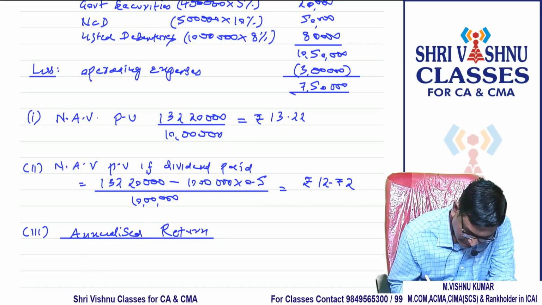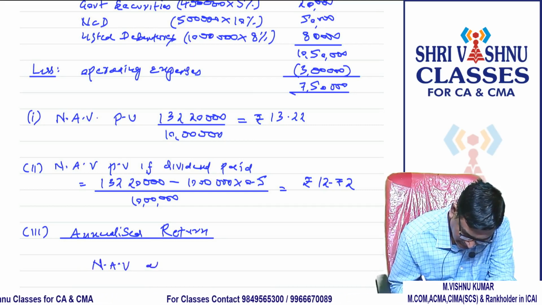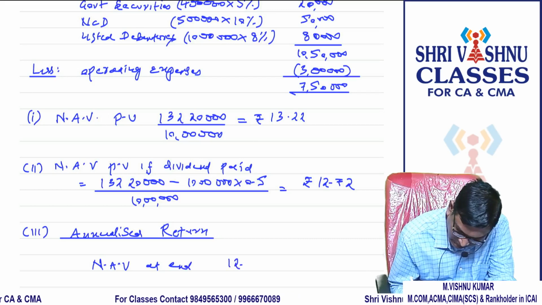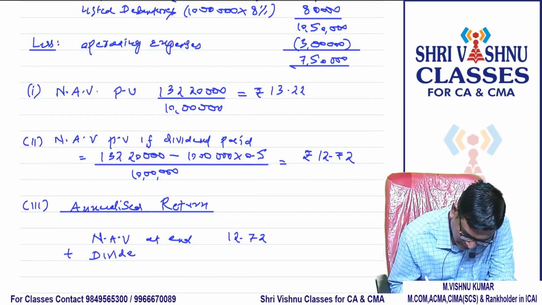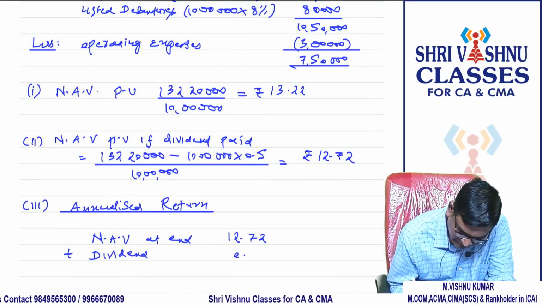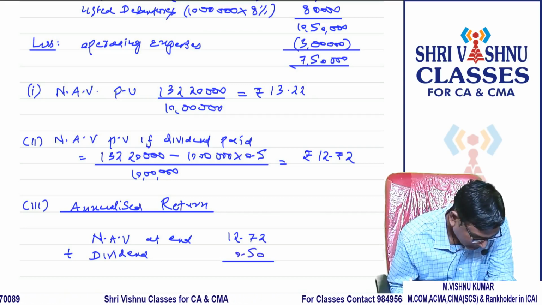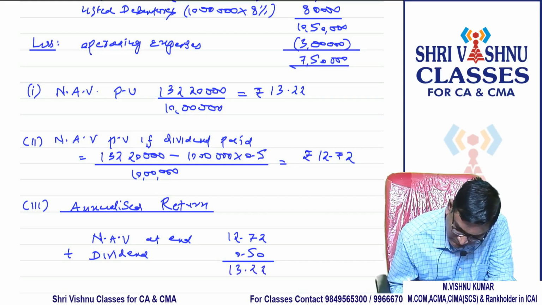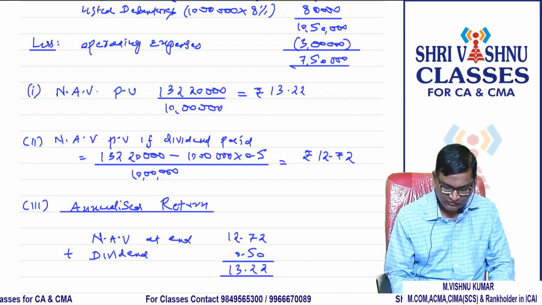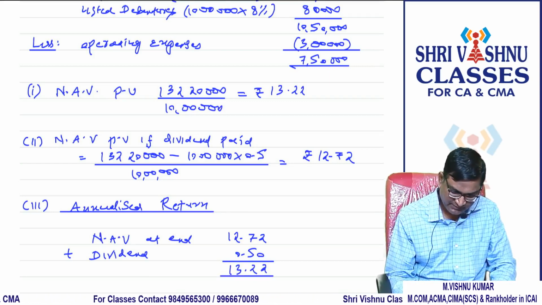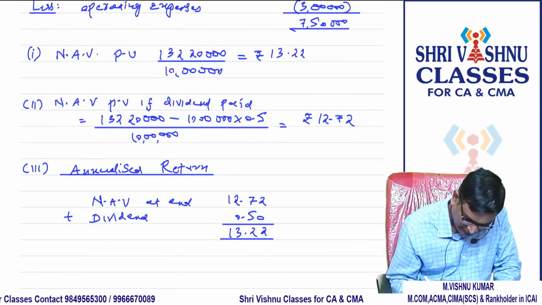NAV at end 12.72 plus dividend 50 paise. Means if you are investing in a mutual fund, you are getting dividend of 50 paise and NAV 12.72. Total 13.22. On this we have to calculate the return.